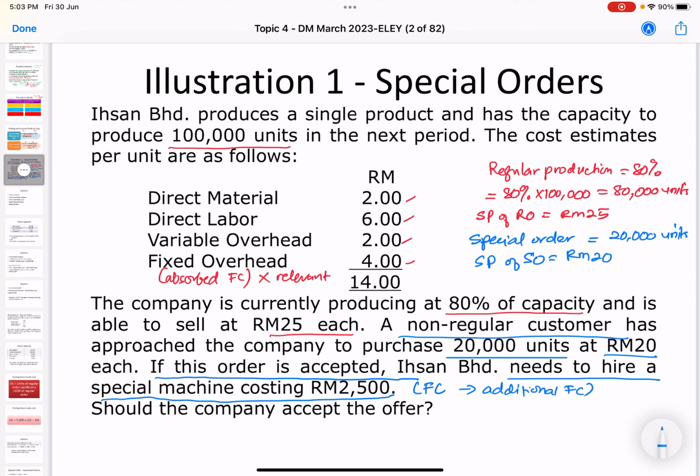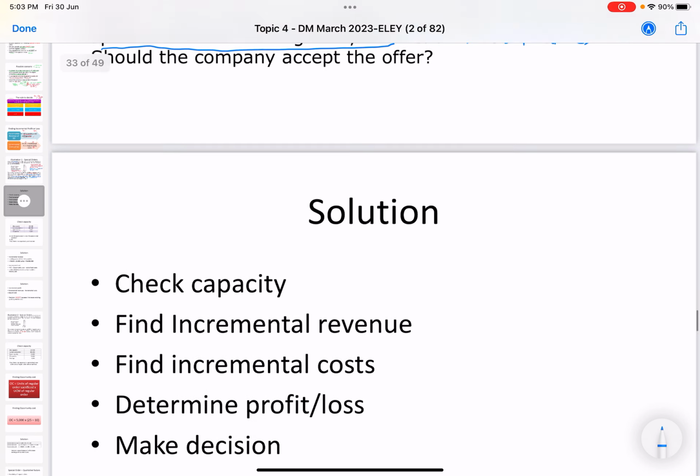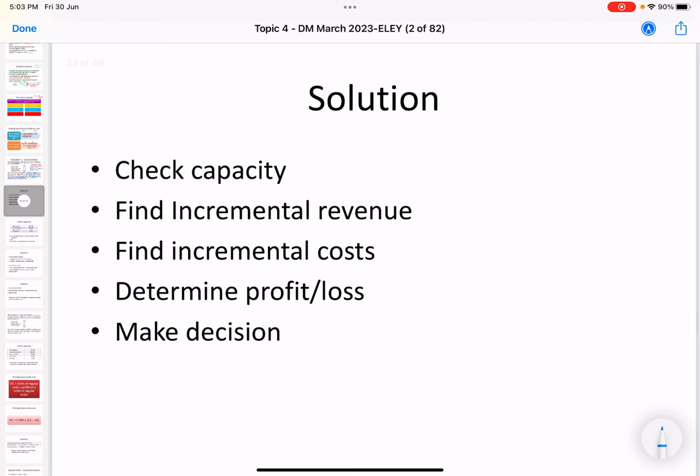Remember, we have a case where the special order units just nicely cover up to maximum capacity, because maximum capacity is 100,000, regular order 80,000, special order 20,000. That means no existing production will be sacrificed. In a way, this is a problem where there is no opportunity cost involved.